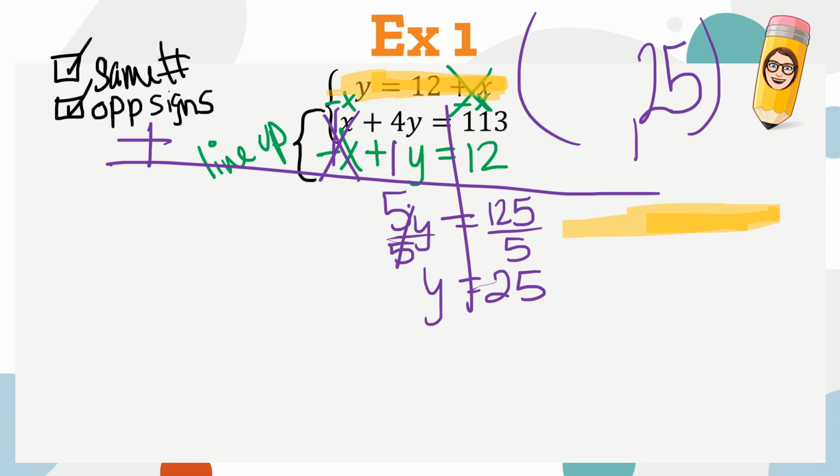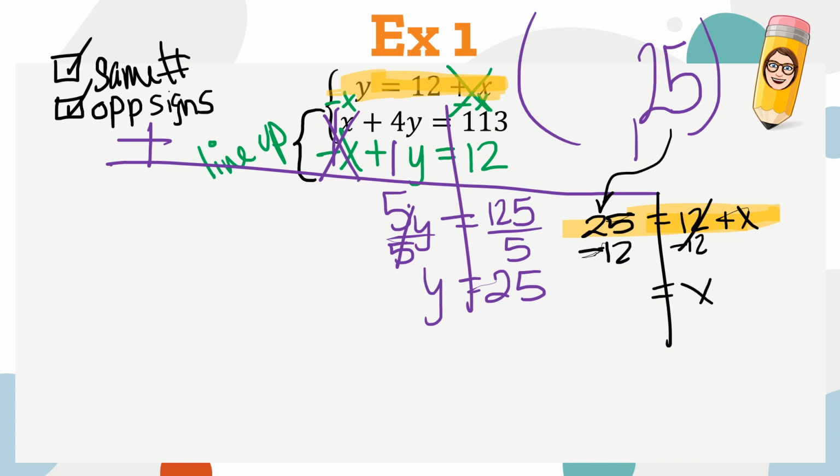When I rewrite it, though, instead of y, I'm going to put 25. Instead of y, I changed it to 25. Oh, well, that's an easy equation to solve. If I'm going to isolate the letter, I just need to kick that 12 over the line by subtracting it. When I subtract 12, I get 13. X is 13.